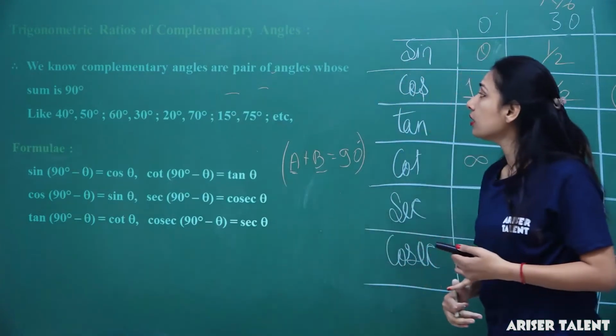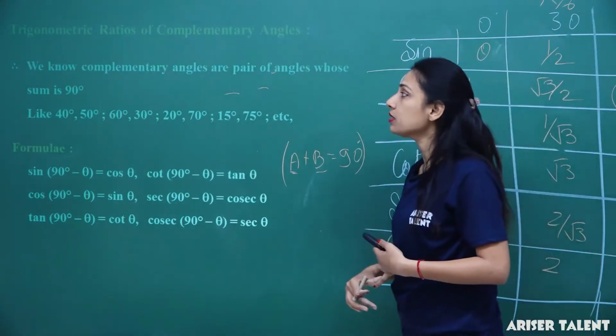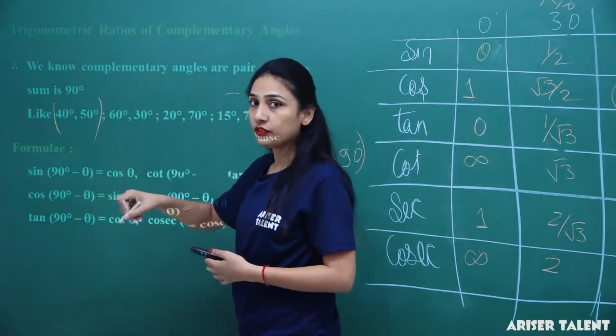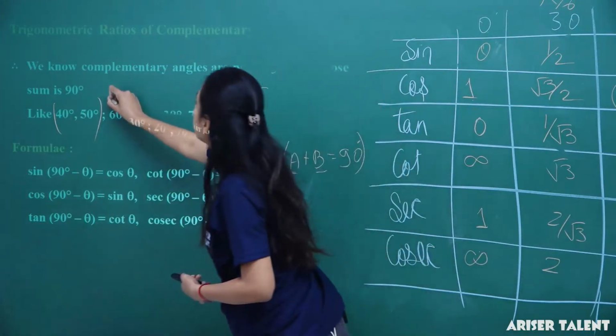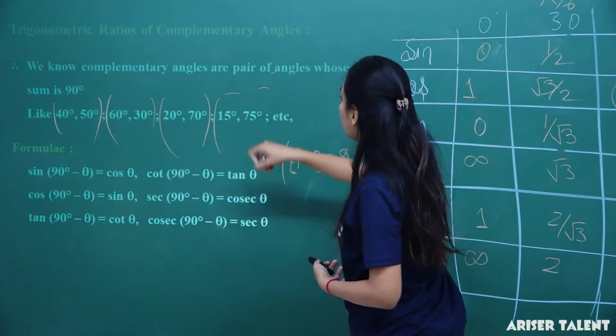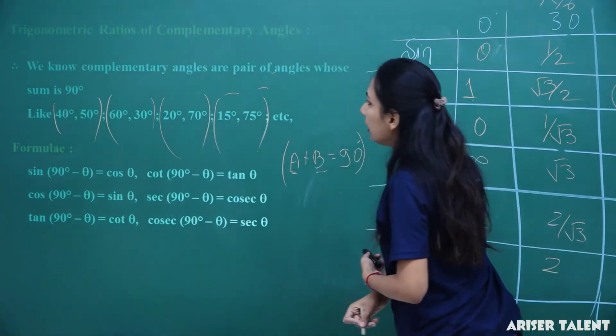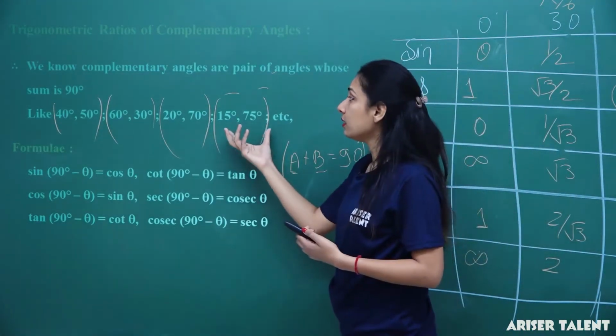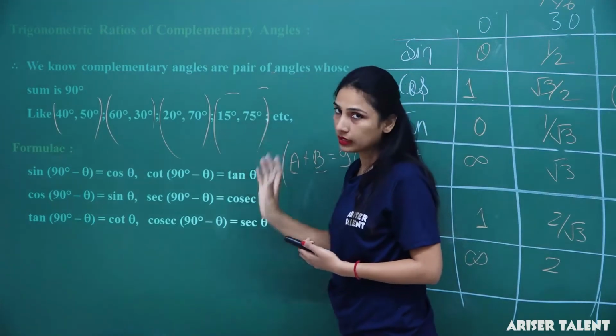Complementary angles are pairs of angles whose sum is 90 degree, like 40 and 50, 60 and 30, 20 and 70, 15 and 75. Similarly, we can make infinite pairs whose sum is 90 degree.